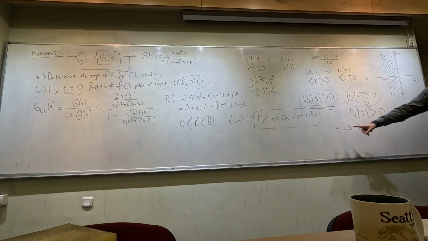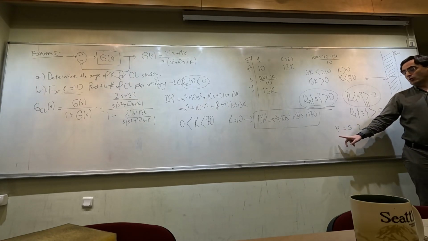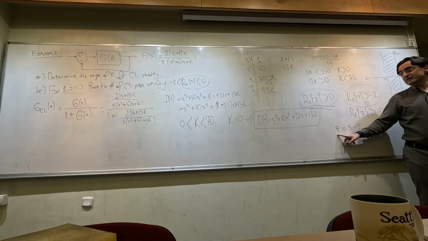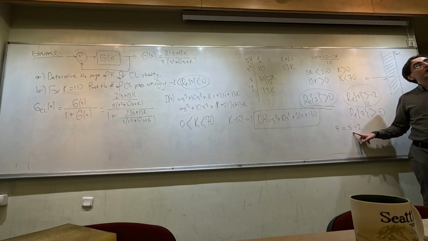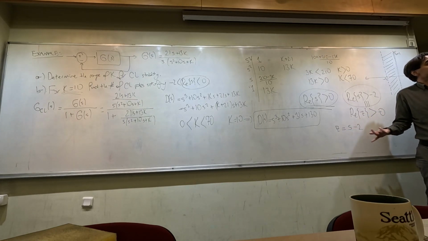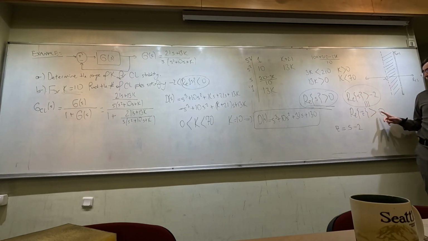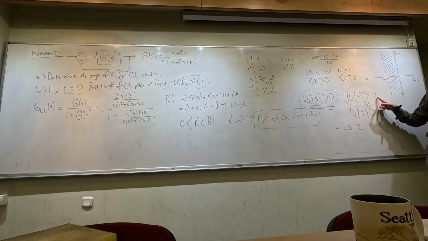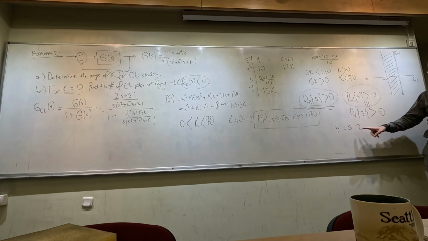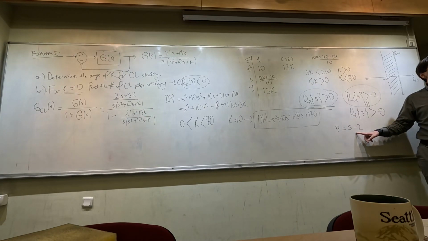Where is the origin of the z plane? At s equals 2, right? But I do not want that. I want the origin of the z plane to be at s equals minus 2 instead. So how can I modify this definition?